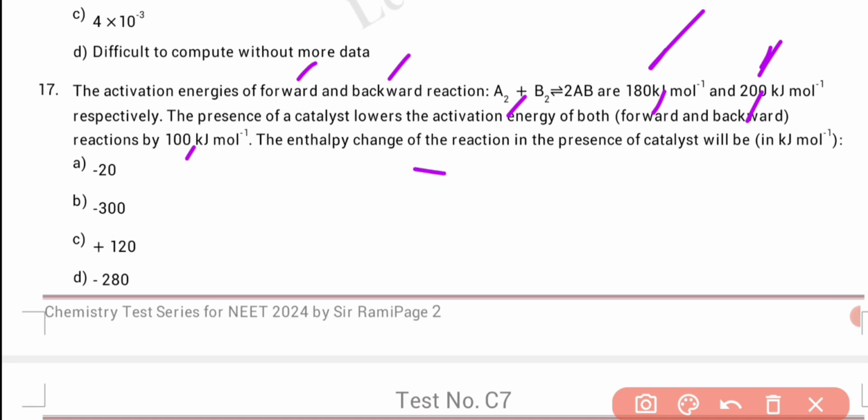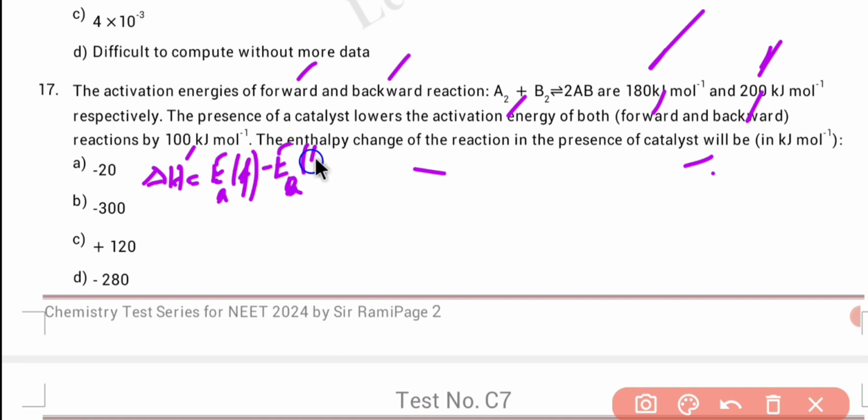The enthalpy change for the reaction in presence of catalyst will be, okay, the enthalpy change for the reaction without the catalyst is calculated by this formula: activation energy of the forward reaction minus activation energy of the backward reaction.